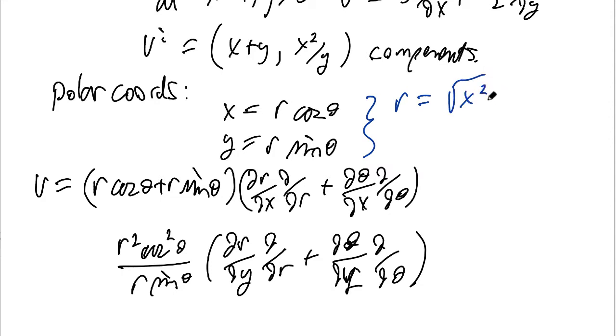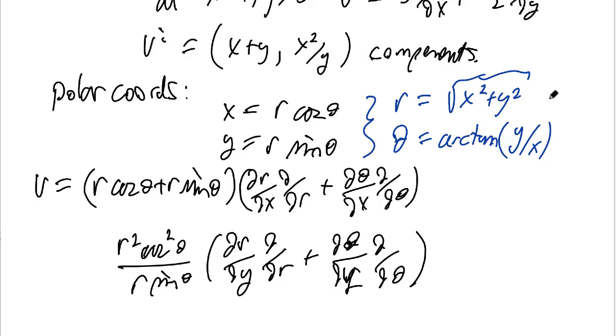So r is the square root of x squared plus y squared. And theta in terms of x and y is the arc tangent of y over x. So now we can compute the derivatives of r with respect to x holding y constant, the derivative of theta with respect to x holding y constant, and so forth.